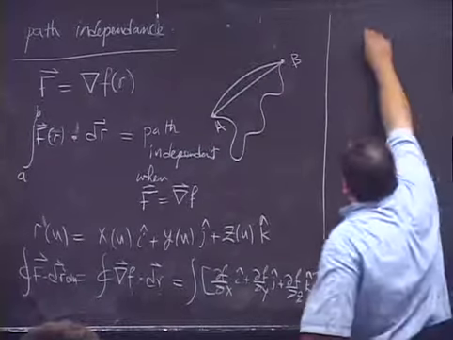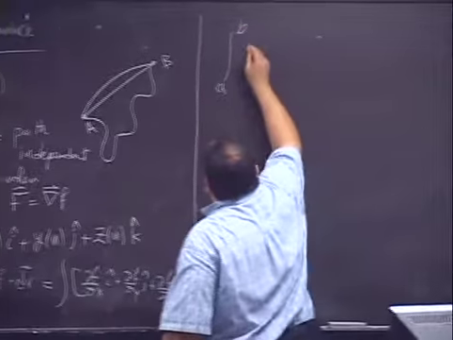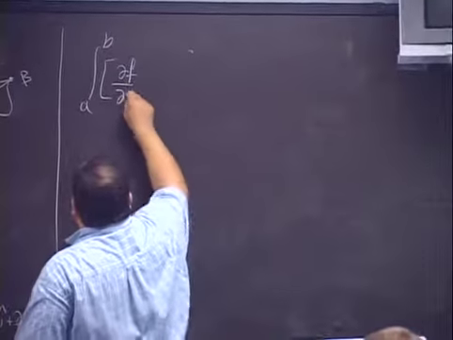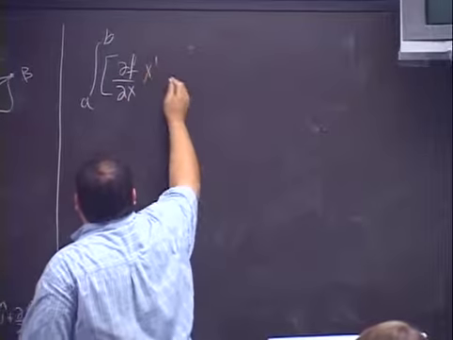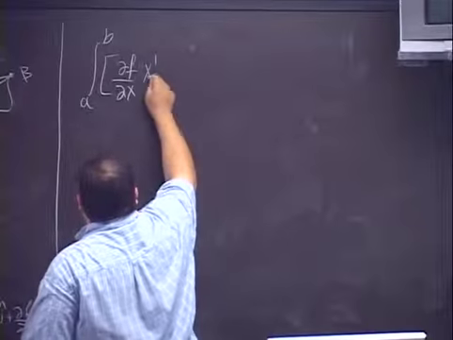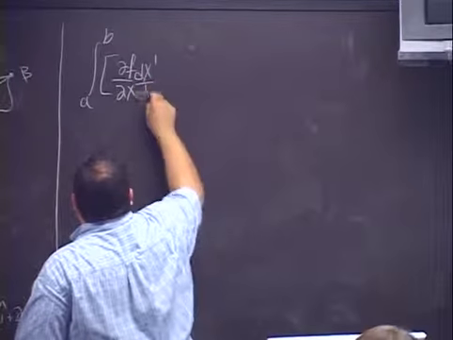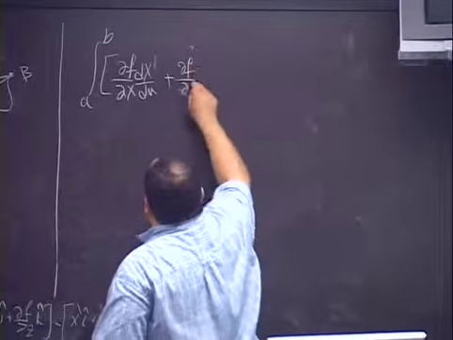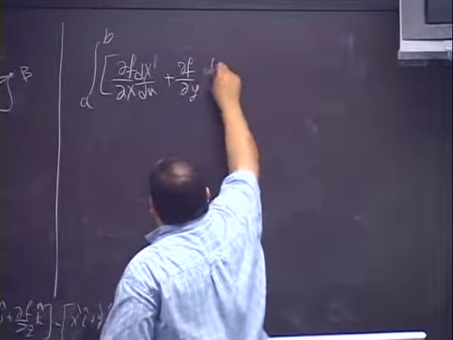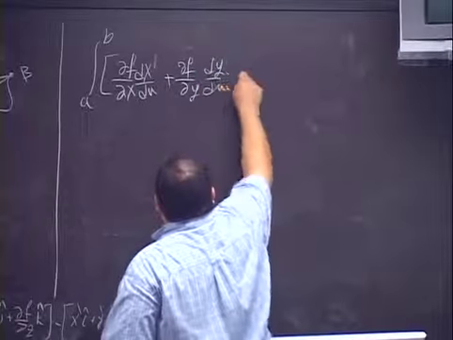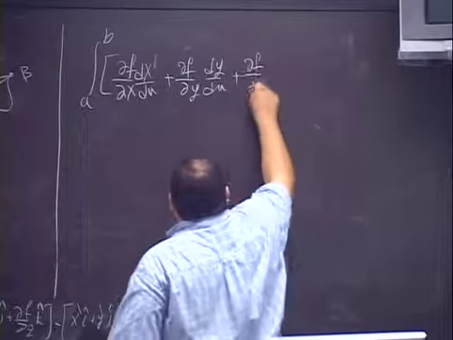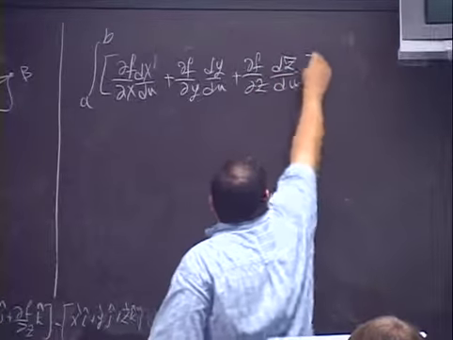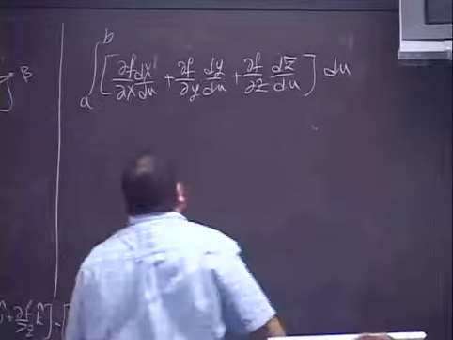So the integration now is from point A to point B. If you integrate it, this will give you df by dx multiplied by x prime, which is dx by du, plus df by dy multiplied by dy by du, plus df by dz multiplied by dz by du, all integrated over du.